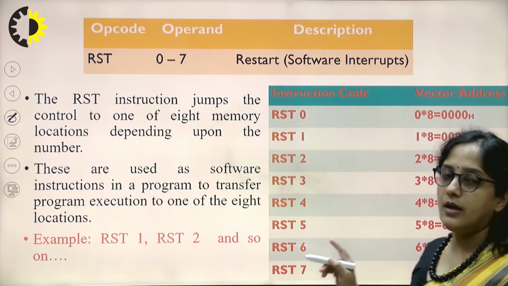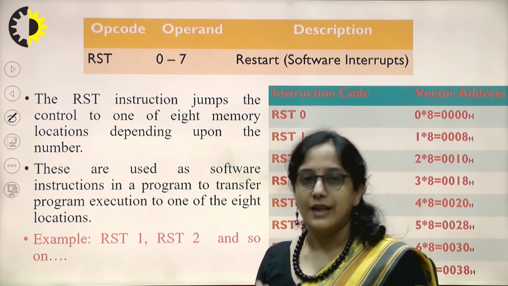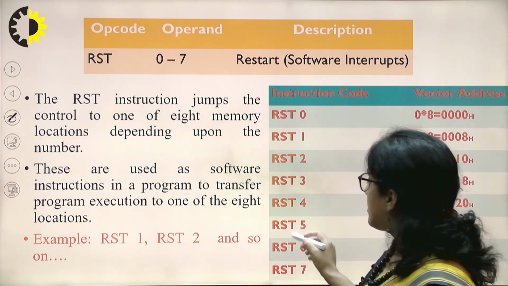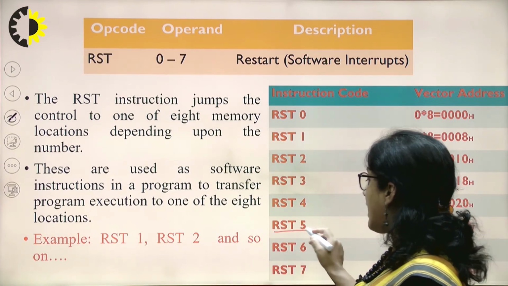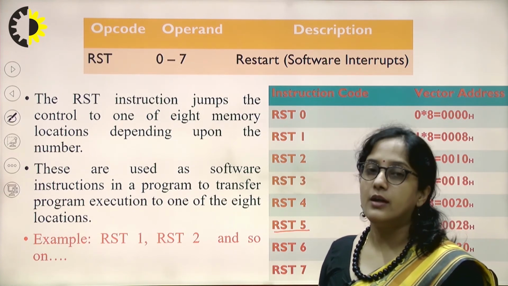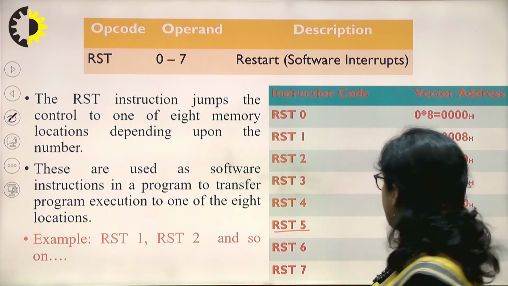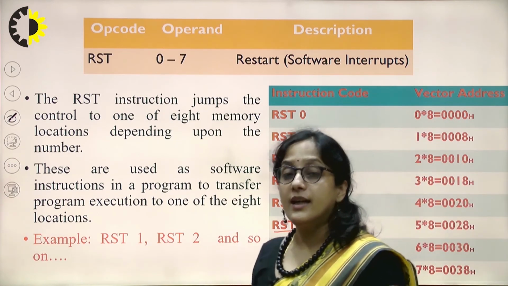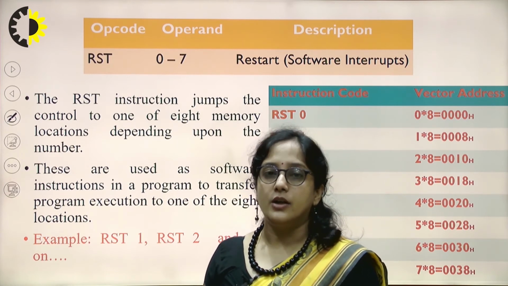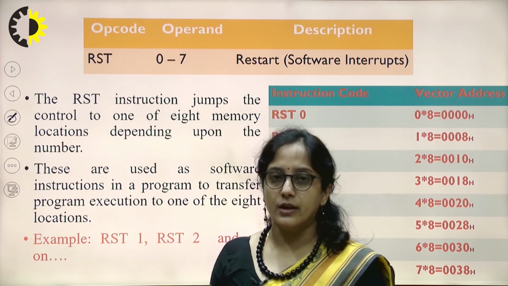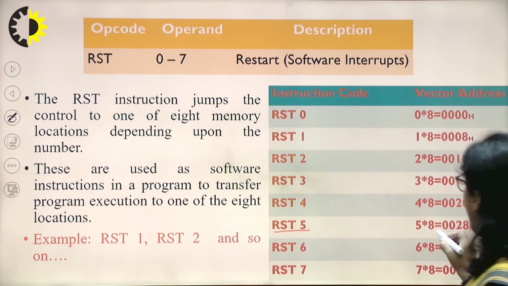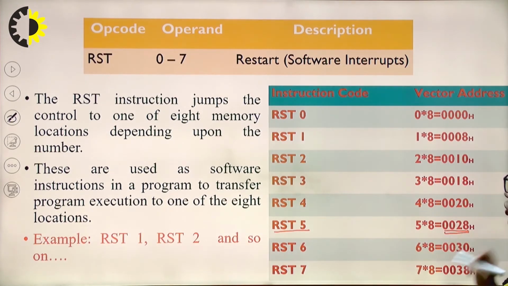That particular set of instructions is related to that particular restart instruction, that is the software interrupt. In our labs or in our simulator, we mostly use RST5. This RST5 is the end of that particular program. It indicates to the microprocessor that RST5 will be used to stop the program where we have written this instruction, and its address is 0028.